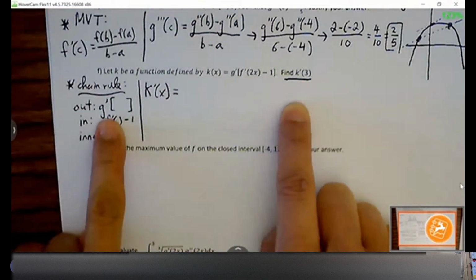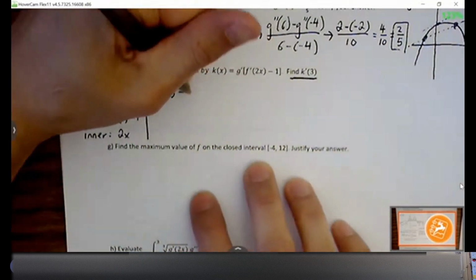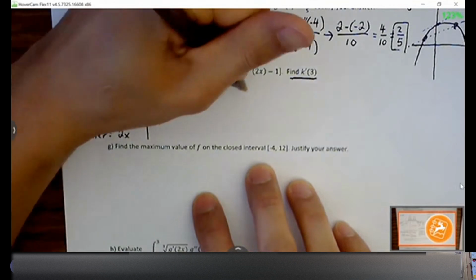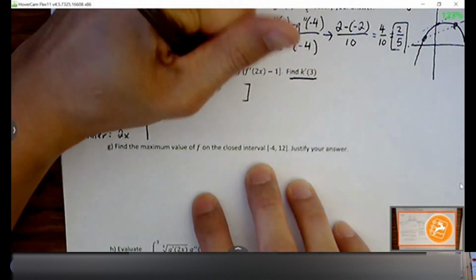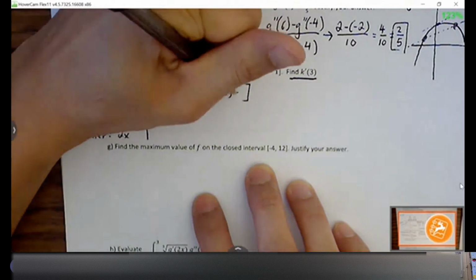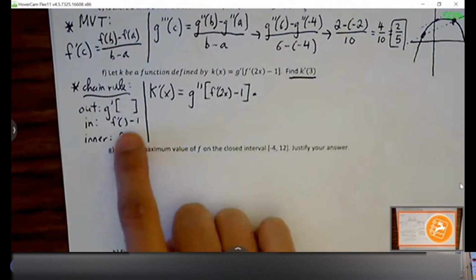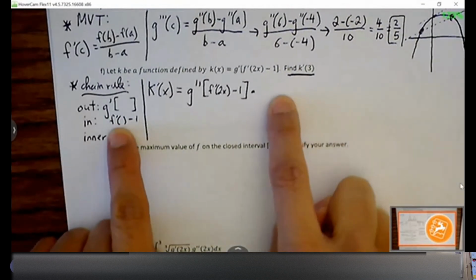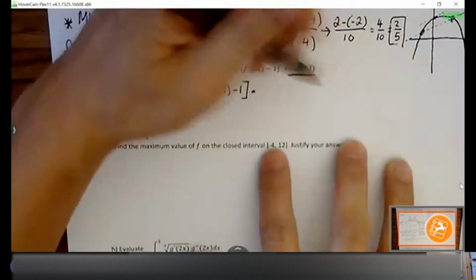Okay, so first things first, what's G prime's derivative? Just G double prime, right? Copy whatever's inside. Next up, we're looking for F prime minus 1's derivative, and that derivative is F double prime, and the -1 goes away to 0.